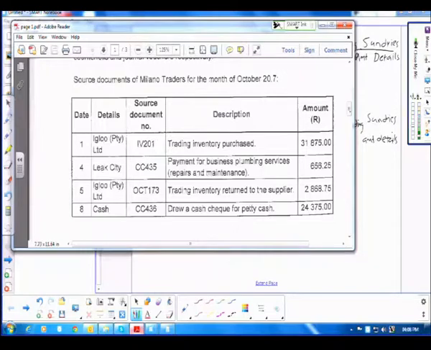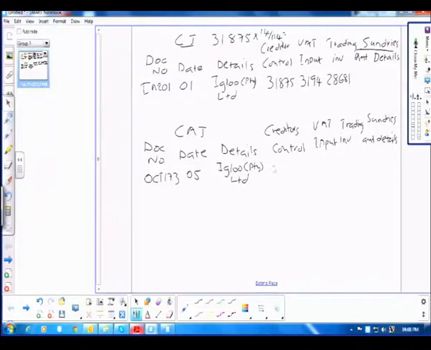I was just not aware that they're showing cents here. So the amount given here is 2868.75. I said in the creditors control, you put the amount given to you. Then you calculate your VAT nicely. How do you do that?